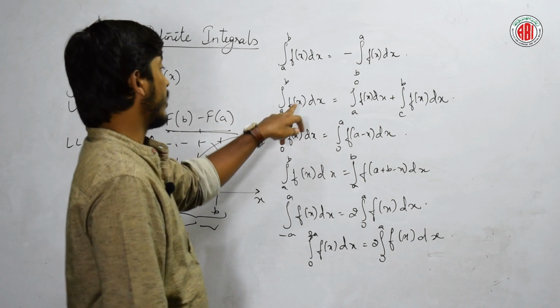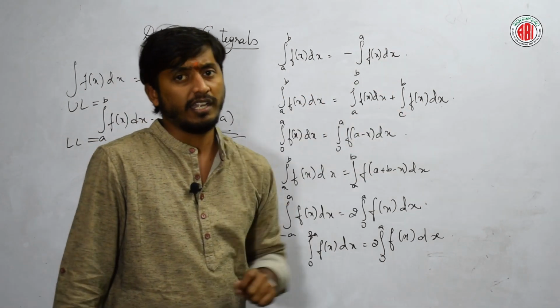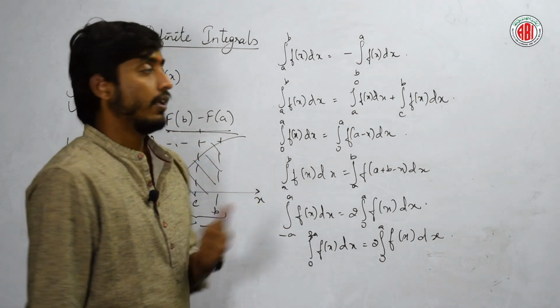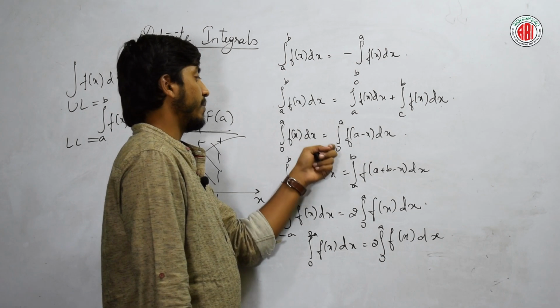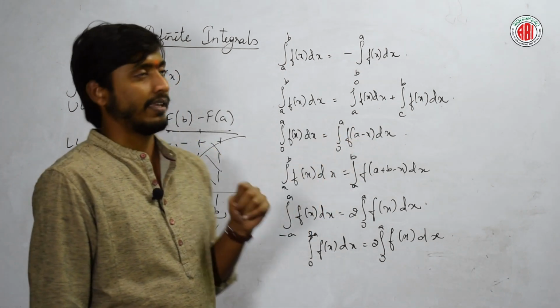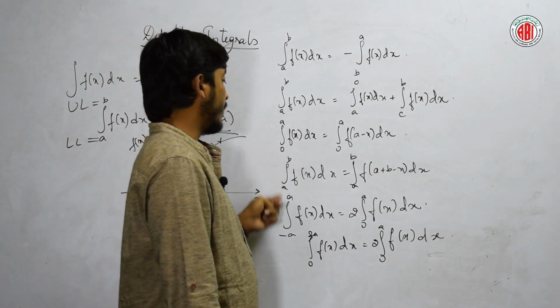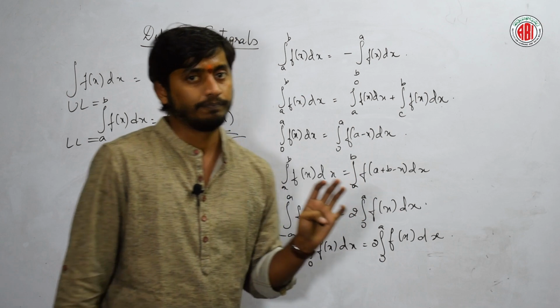That's what I wrote here: a to b can be written as a to c plus c to b, the integral of the same function. Clear? Good. Next, if the function is from 0 to a, then the property can be written as 0 to a, and instead of x, we can write it as a minus x. If it is from a to b, then I can write a plus b minus x. This is one more formula.